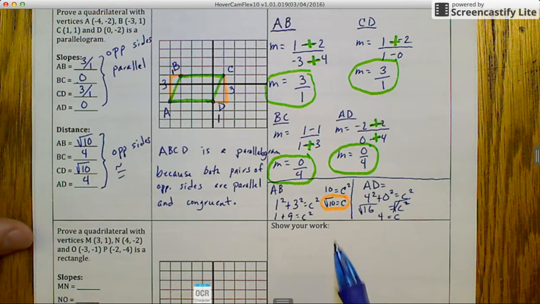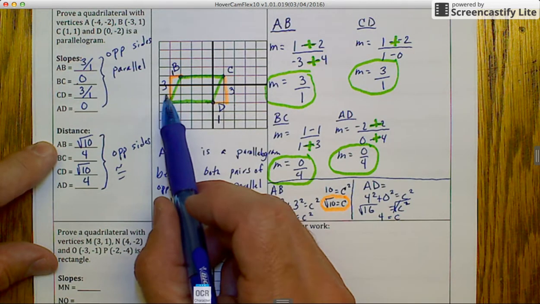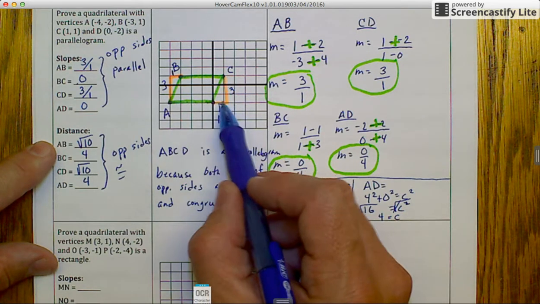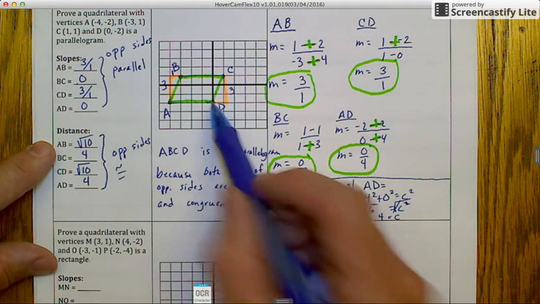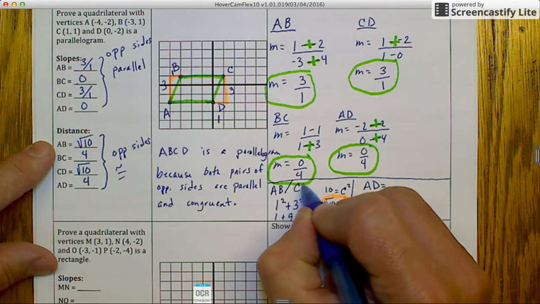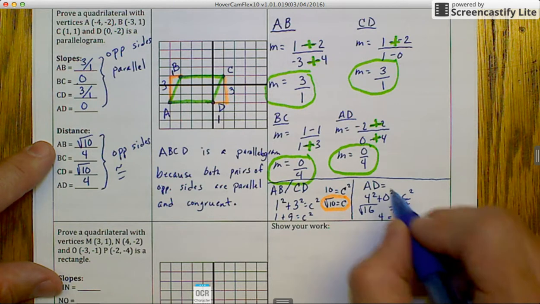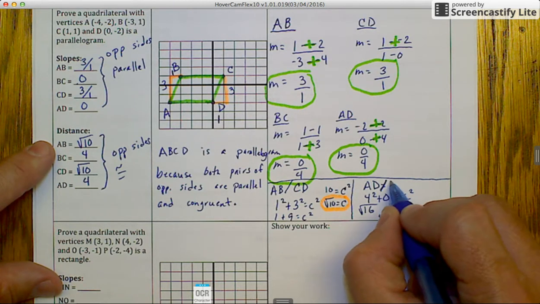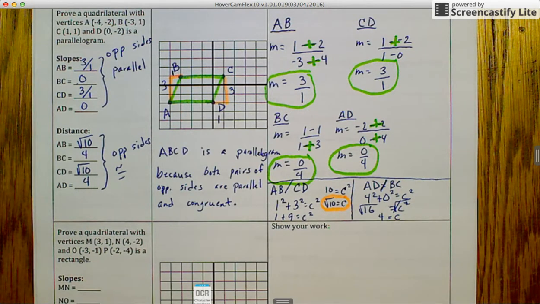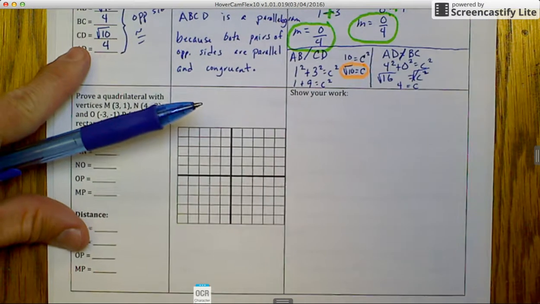Then we went and we did the distance. And we found the distance of AB by using the slope triangle. You got the square root of 10. And then we did the exact same slope triangle over here, so we have the same values. So CD was also congruent, and I'll put a little AB and CD. And then we had AD over here, and AD was the same as BC because they have the same measurements. Okay? Try this one as another example.